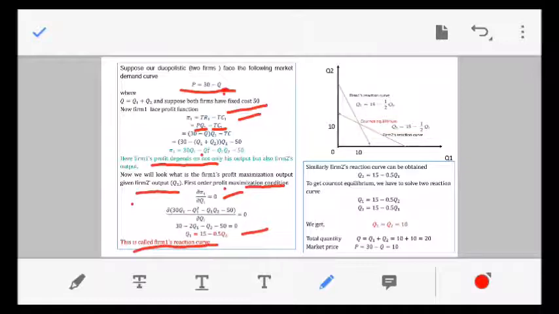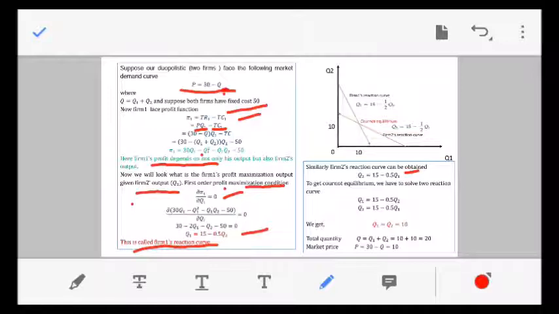That means the quantity Q1 of farm 1 depends upon Q2; as the value of Q2 is given, the Q1 output is determined, so this curve is given as a function. Similarly, farm 2's reaction curve is derived the same way, because both are identical farms with the same cost structures, so automatically the reaction curve is the same.